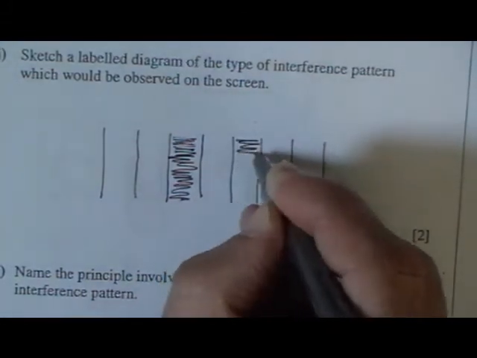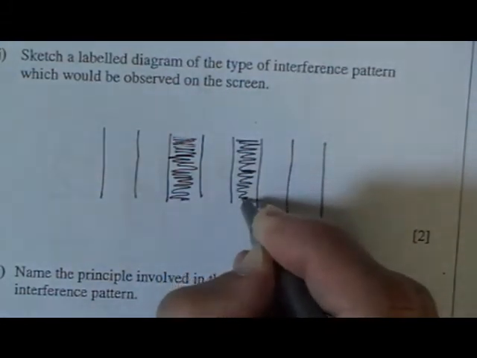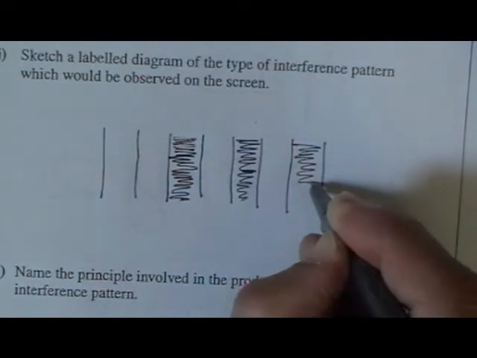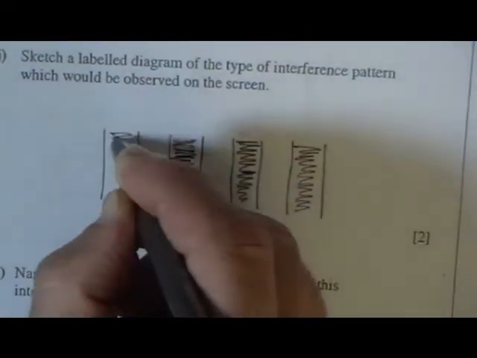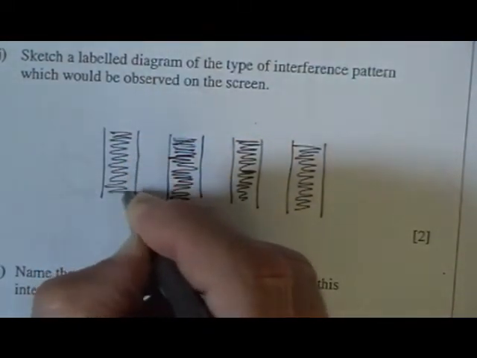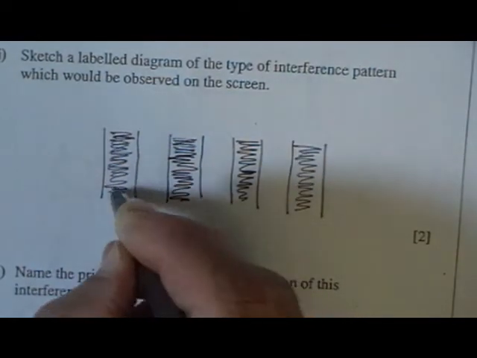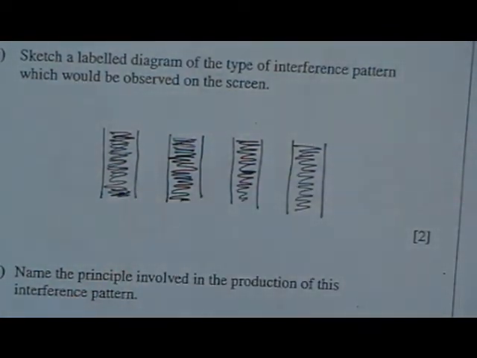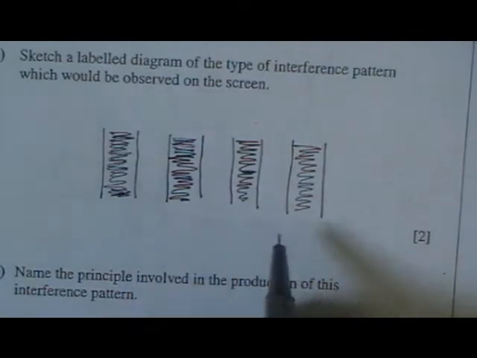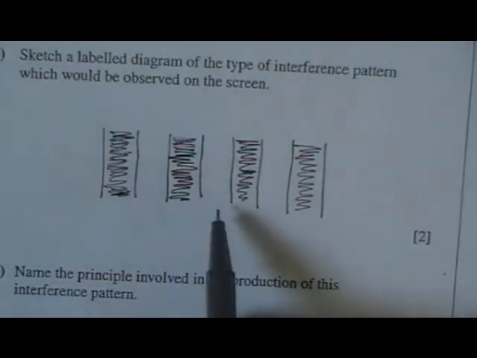So we get bright, dark, bright, dark, bright, dark, and these are all equally spaced fringes. So we get a series of equally spaced bright and dark fringes with a central bright fringe.